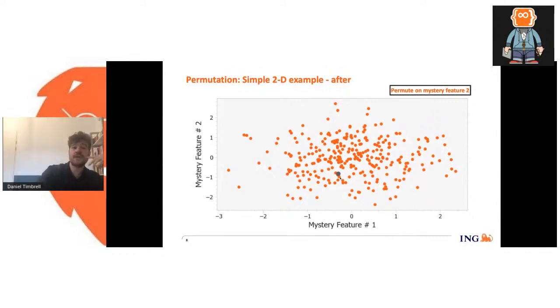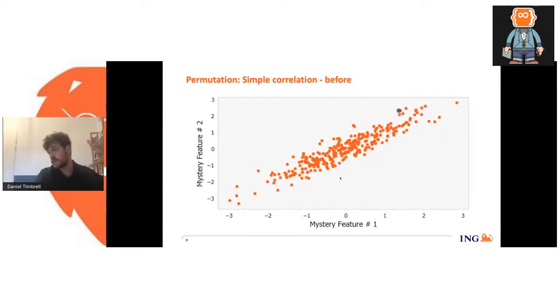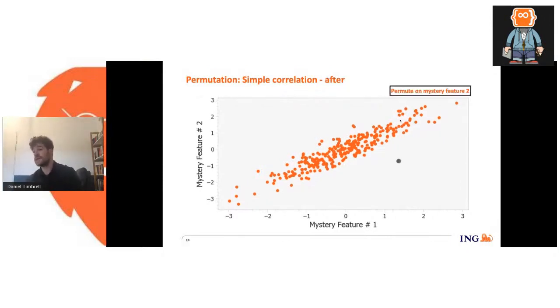But now what happens if I have instead some correlated data? Here I forget the exact correlation parameter I used to generate this data, but obviously you can tell it's a pretty strong correlation. And so what we're going to do is again permute on this value for mystery feature number 2, meaning it will go either up or down. And let's say we permute and it moves here.